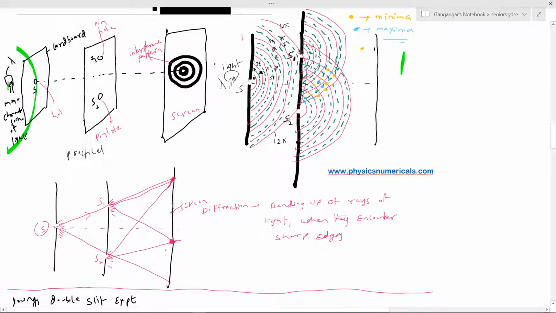Because this is the primary source, if this is a wavefront, then every point will behave like a secondary source of light, so it started emitting light like this. When this light reached here, S1 again became one more secondary source. So you can draw a wavefront, and it started emitting light. I think I'm able to show things a little more clearly.